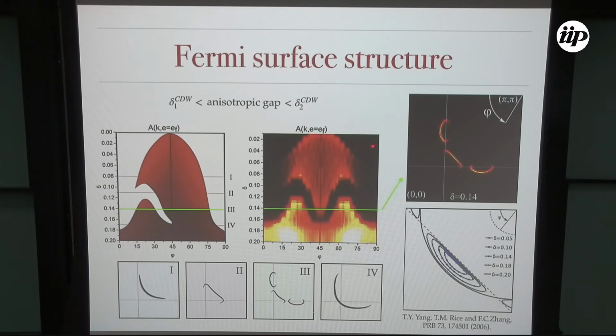Each horizontal slice of the Fermi surface corresponds to the Fermi level, the corresponding doping level, and its distribution by the angle phi. The angle phi you can see here.